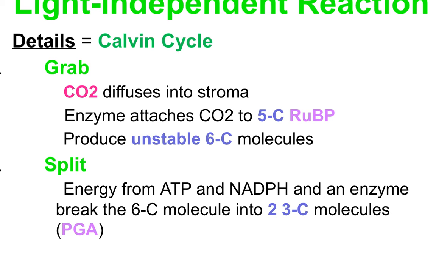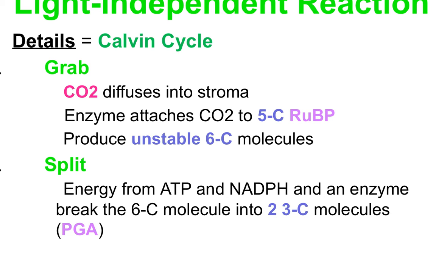The Calvin cycle grabs a hold of carbon dioxide and diffuses it into the stroma, like it brings it into the stroma. And the enzyme attaches to CO2, to carbon dioxide. And then it produces this unstable 6-carbon molecule from the 5-carbon molecule's interaction with CO2.